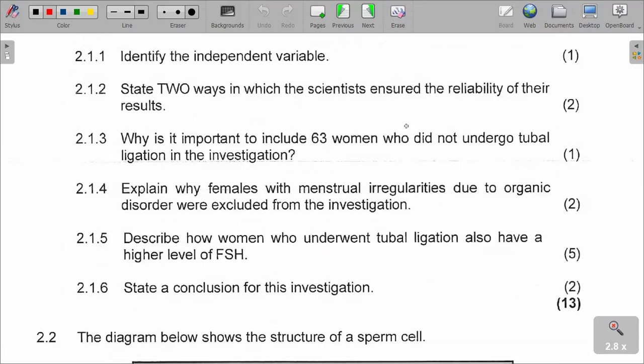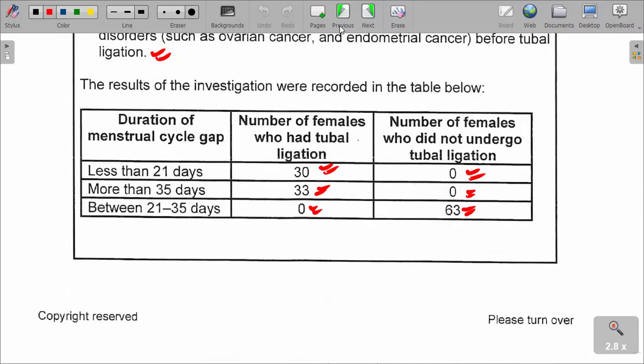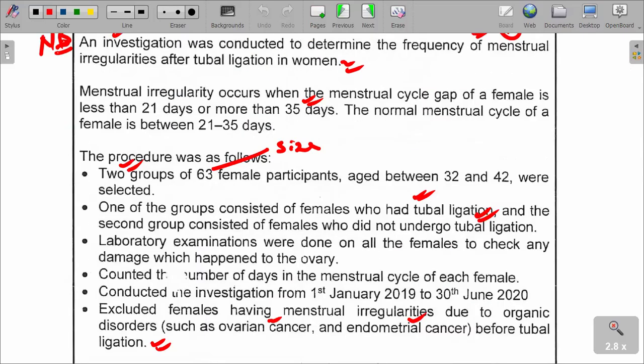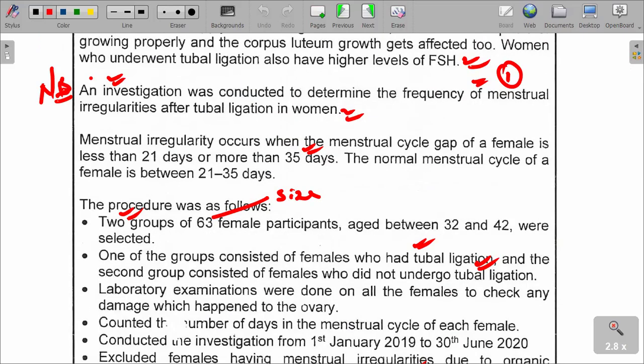So, identify the independent variable. Like I was saying, you derive it from the experiment, where they say an investigation was conducted to determine the frequency of menstrual irregularities after tubal litigation in women.